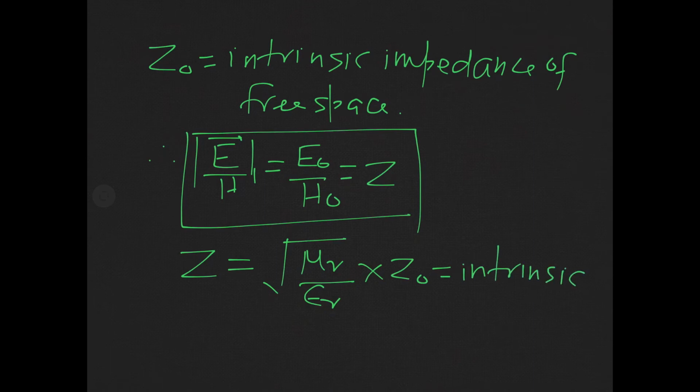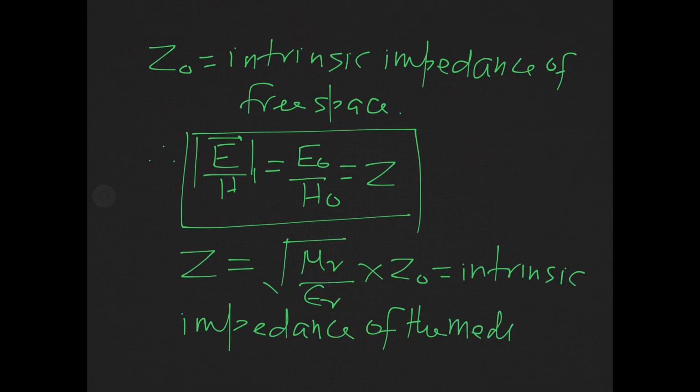Intrinsic impedance of the medium. And as you know, this Z naught is equal to 120 pi ohm.